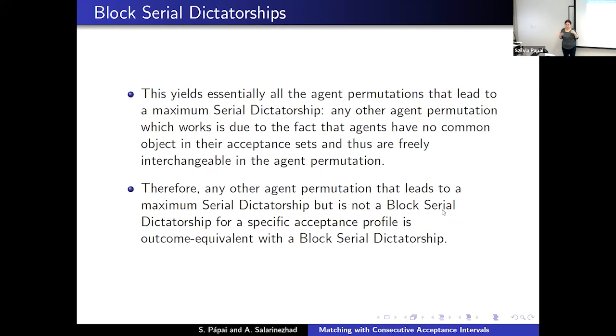Then we can freely interchange them, but we may not capture that in this procedure where we iteratively remove flexible agents. So there are additional permutations that work, but they don't give us additional outcomes, additional matchings. That's why block serial dictatorships essentially capture all the agent permutations in the sense of outcomes.